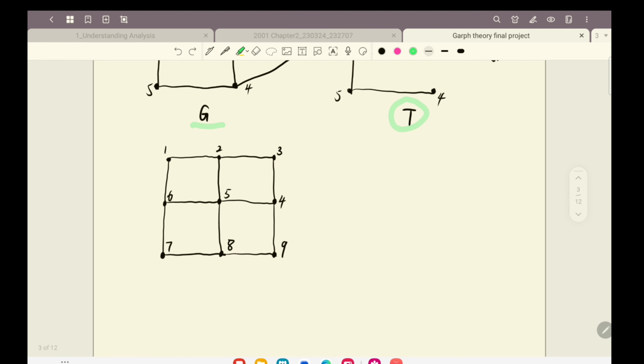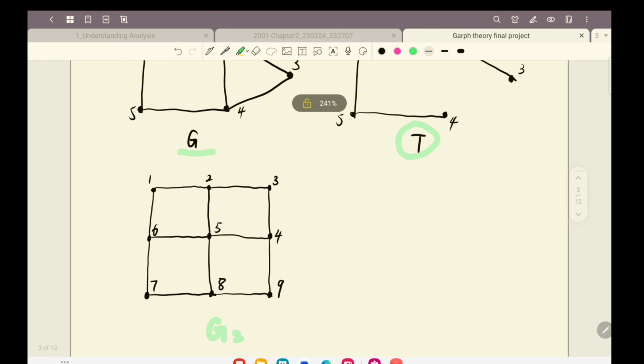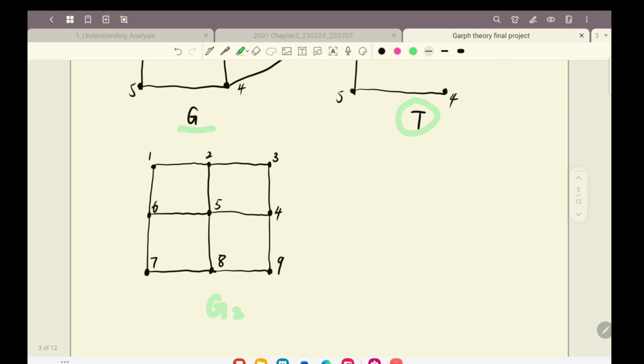And for this example in G2, let's draw a spanning tree in this graph. We can connect 1 to 6 first, 6 to 7, and 7 to 8, 6 to 5, 2 to 3. We can connect 8 to 9, and we cannot connect 5 to 8 because it will make a cycle, right?